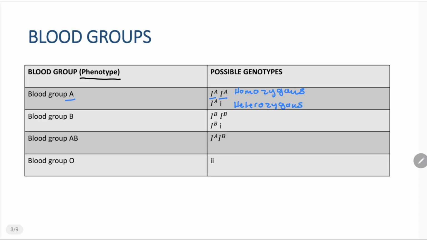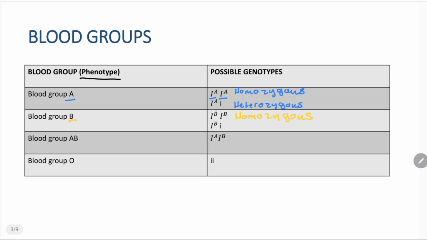Let's go to blood group B. The same also applies to blood group B. A person with blood group B can be homozygous, remembering that the word homo in this instance will simply mean same, right?